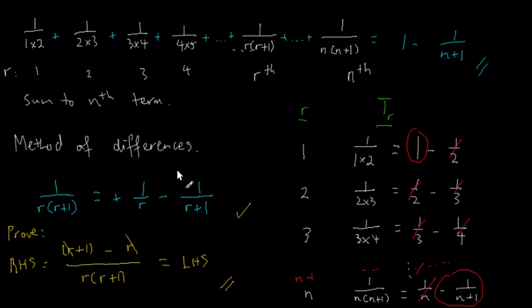As long as it has this kind of format, then you'll find that when you start adding all the terms together, most of the terms will cancel, except for the very first and the very last. So this is the idea of the method of differences.